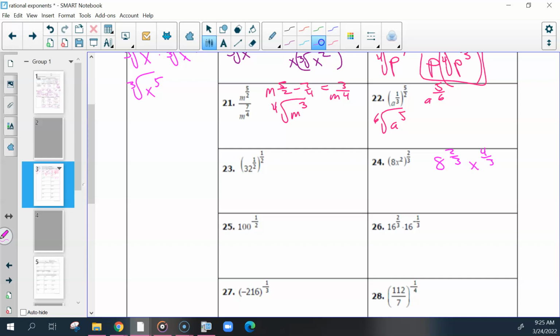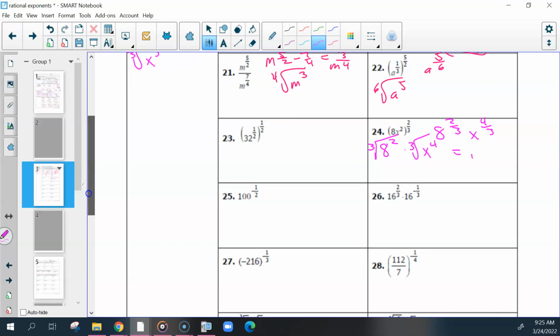So writing these both in radical form, what would 8 to the 2 thirds be? And x to the 4 thirds. You can combine them and then simplify, or simplify them and combine, doesn't matter.